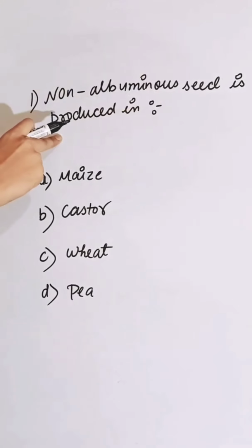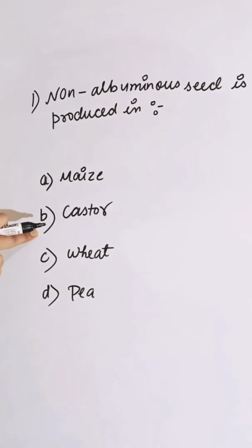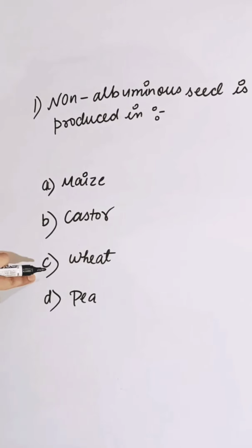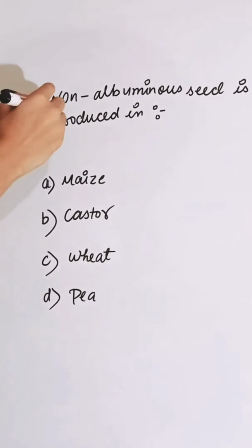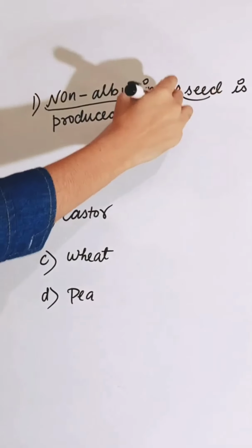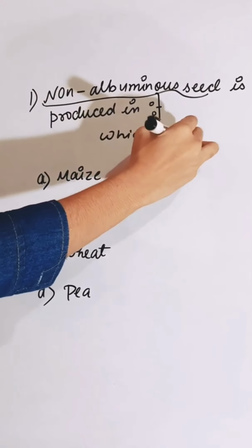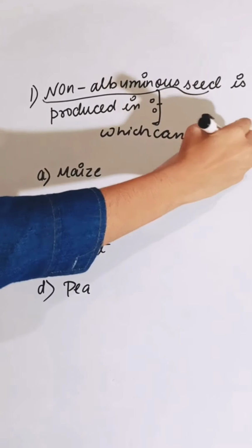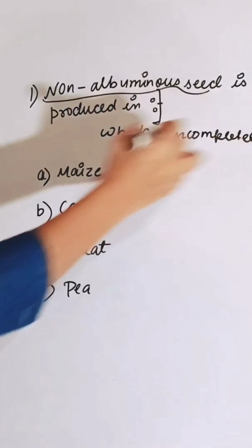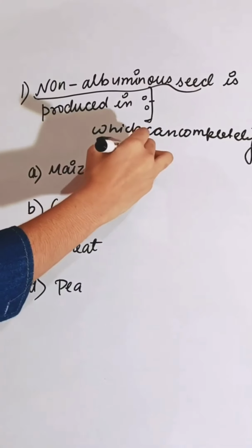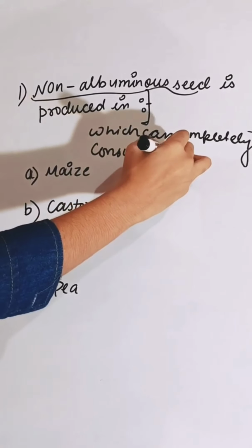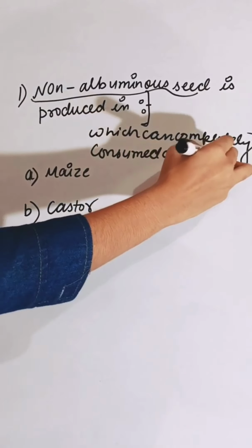Albuminous seed is produced in: first option maize, second is castor, third is wheat, fourth is pea. Non-albuminous seed is the seed which is completely consumed during embryonic development.